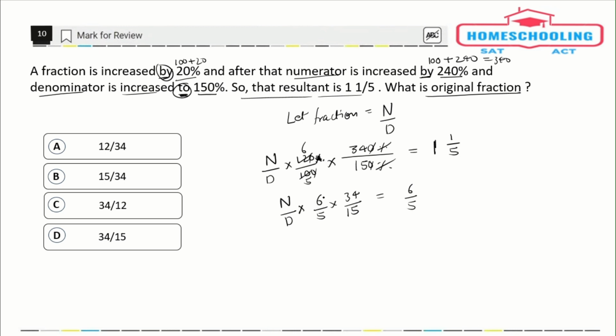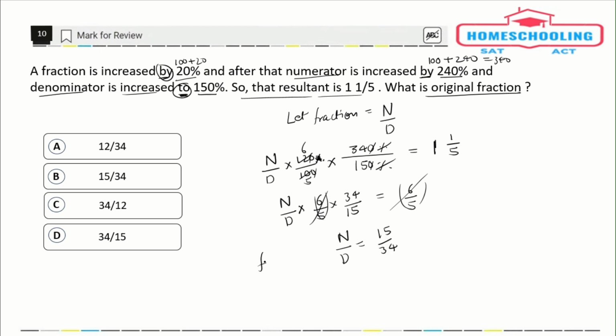So as we can see, 6 by 5 here and 6 by 5, so we can cancel both of them. So numerator by denominator would be, we will take 34 by 15 on that side, so 15 will come on the numerator, and 34 will be your denominator.